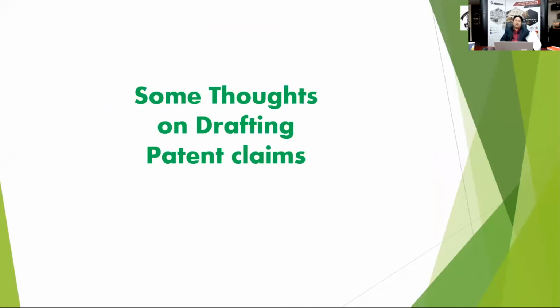And I have a checklist here, my own checklist, for drafting specifications, mostly for drafting specifications, because today's lecture will basically touch only on drafting claims, not the specification. Now, when you finish your claim, it doesn't mean that you can submit your patent application.